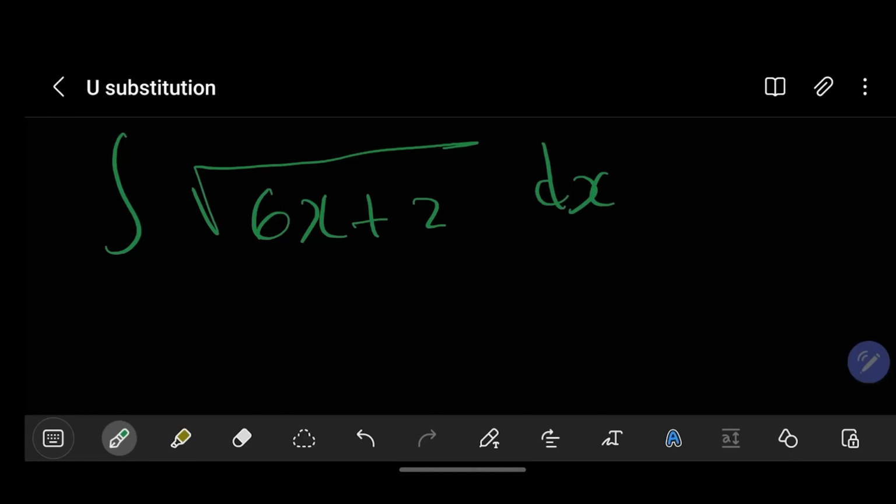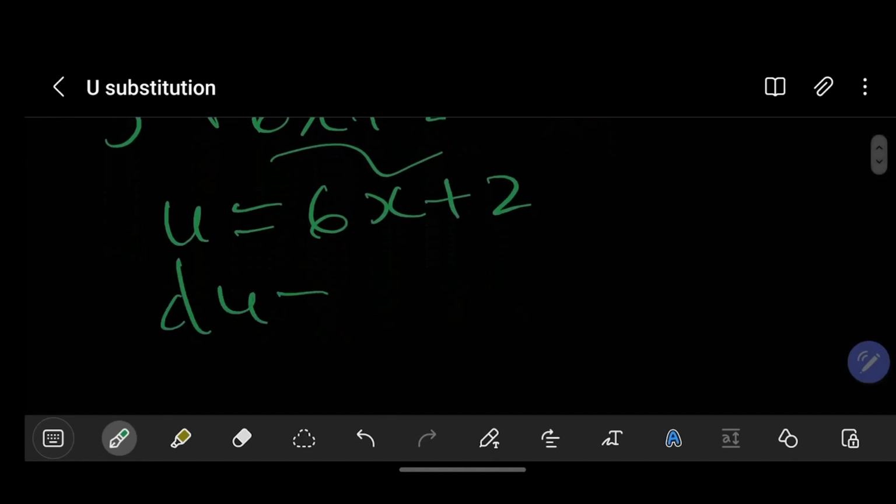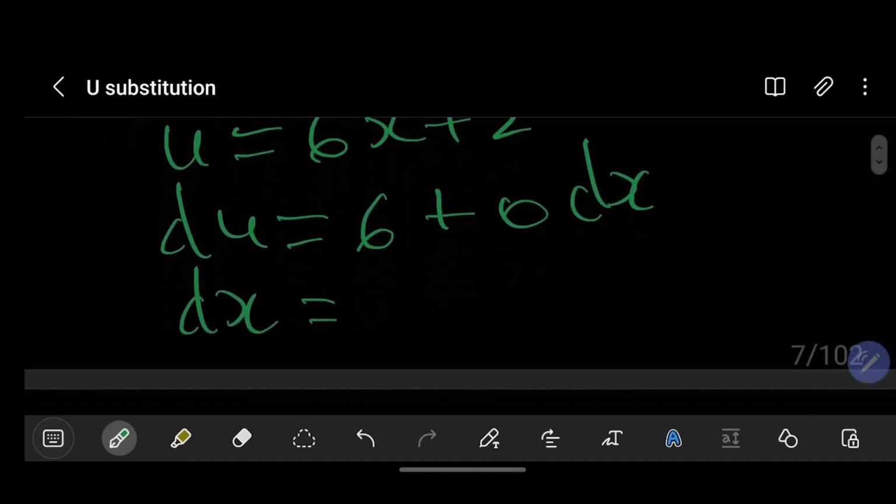So what do you think we will make u here? We can see we can only make u this, so u is equal to 6x plus 2. So du here is equal to 6 plus 0 dx. So dx is equal to du by 6.